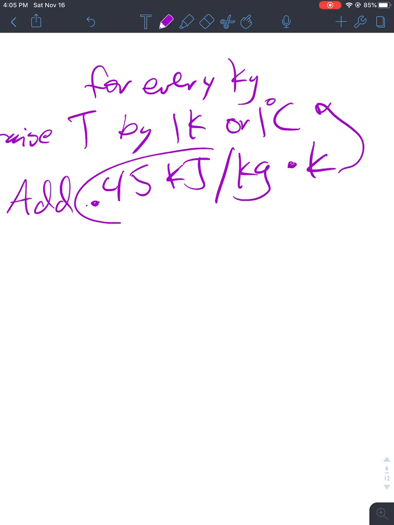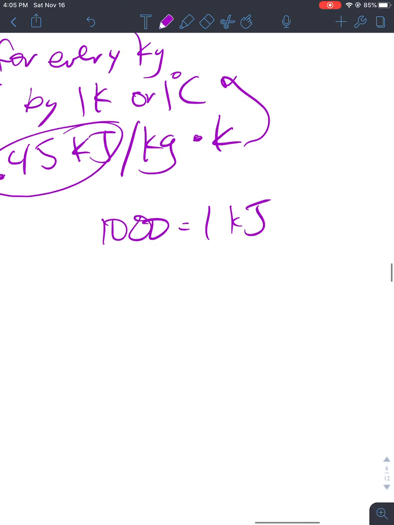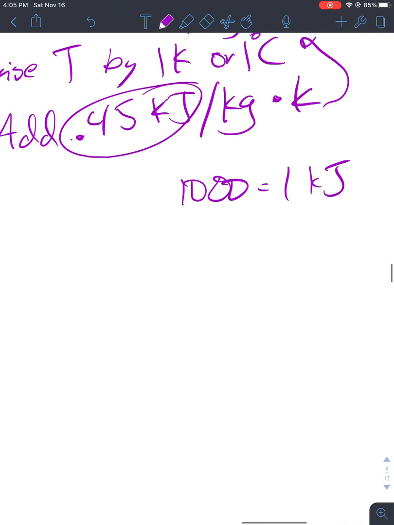And 1,000 joules equals 1 kilojoule. Isn't that great?